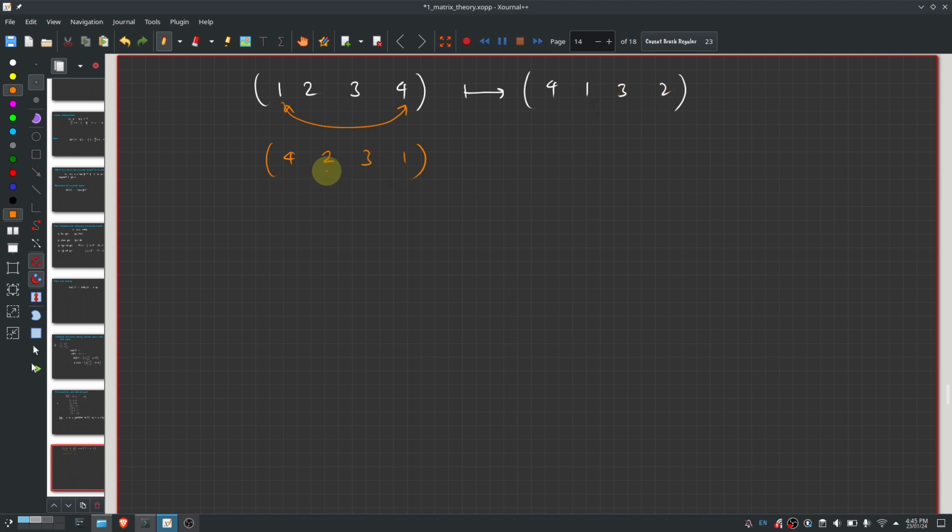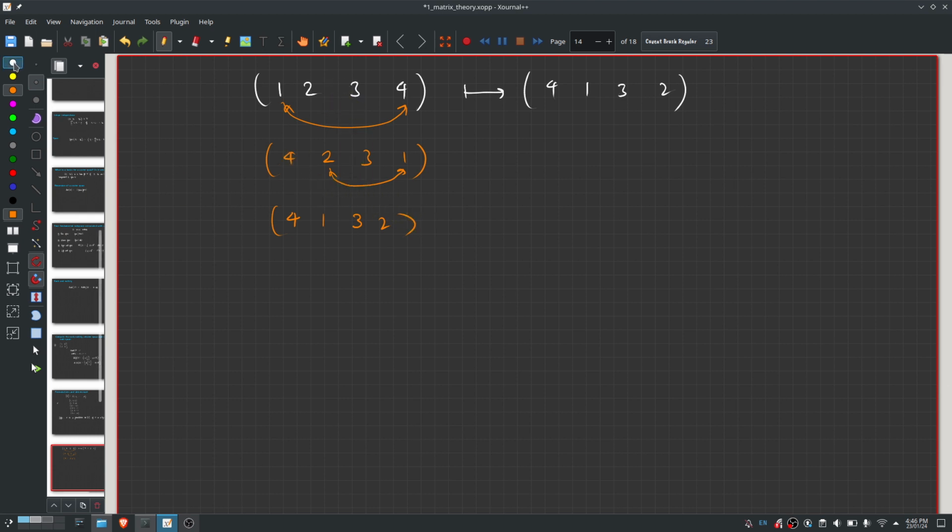So let's say that I swap 1 and 2. So I get 4, 1, 3, 2. And I've got 4, 1, 3, 2. So how many pairwise swaps did I need? 2, correct? I could have done this in a different way.